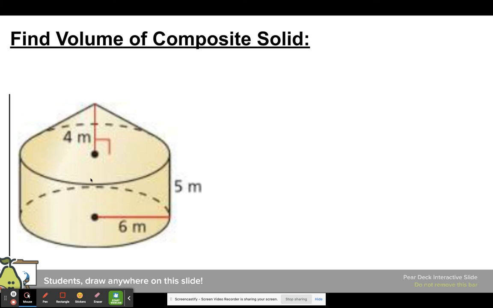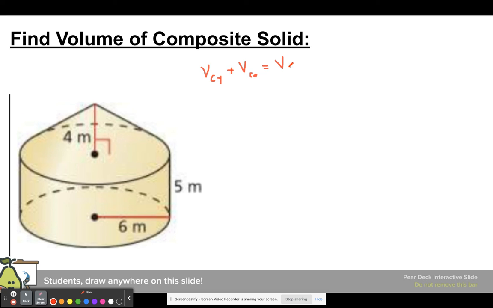So we need to take the volume for the cylinder, I'll just put V of CYL for cylinder, and add that with the volume of the cone to go ahead and get the volume of the composite solid.